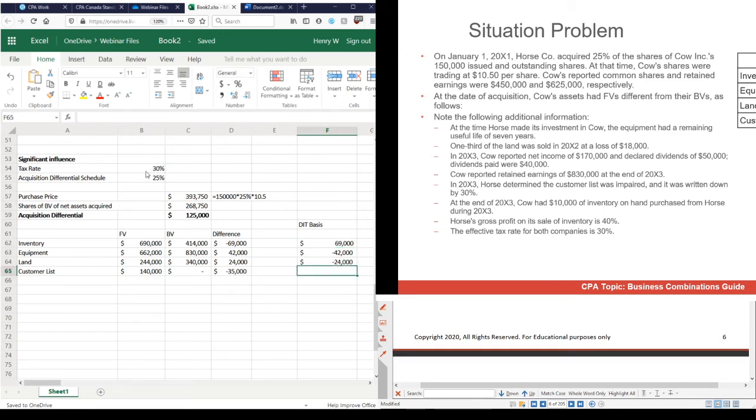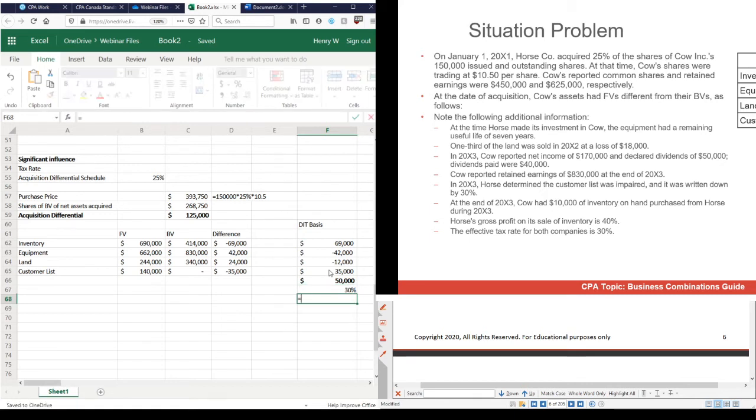Actually, I'll just move that down here. Tax rate 30%.